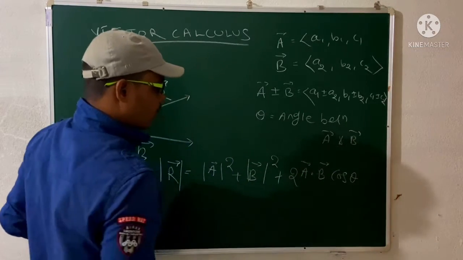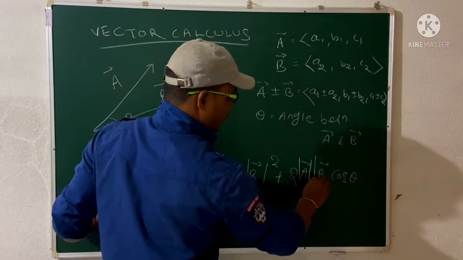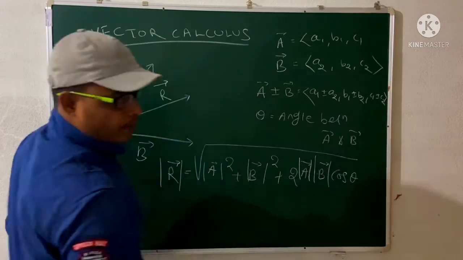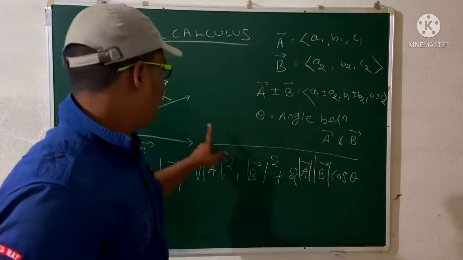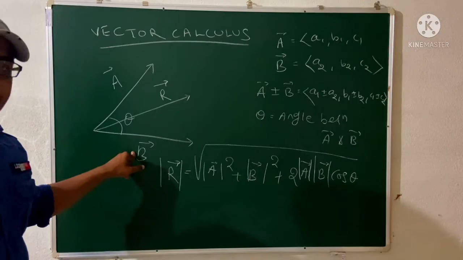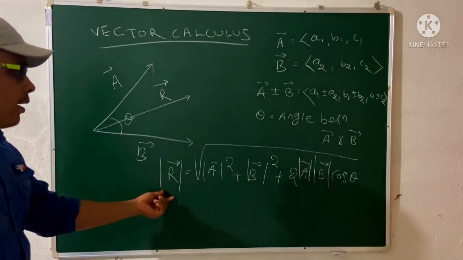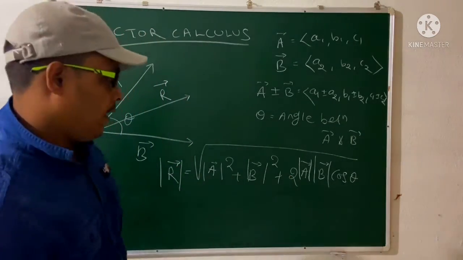Actually this is not a dot product, it is just the multiplication of the magnitudes, and then its square root. This gives the resultant vector's magnitude. So the magnitude of r will be the square root of a squared plus b squared plus 2ab cos theta.